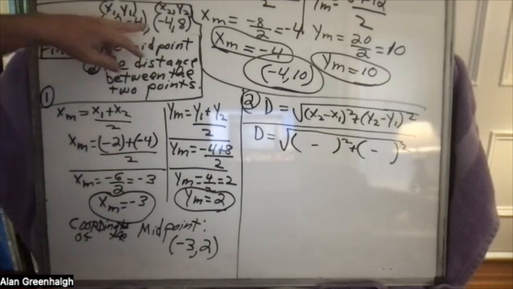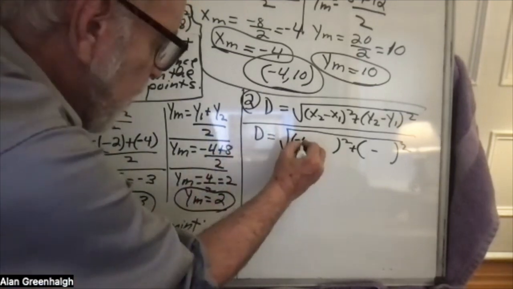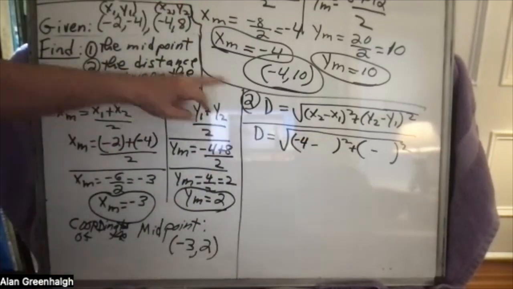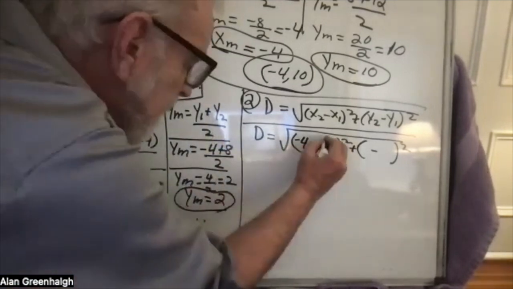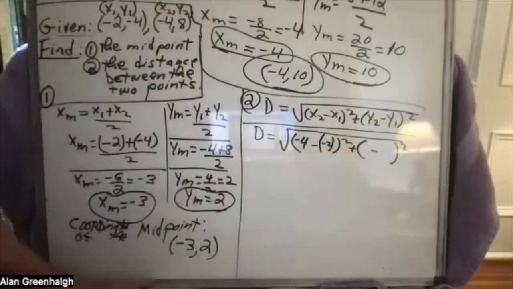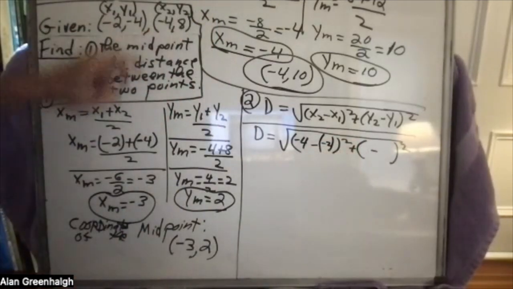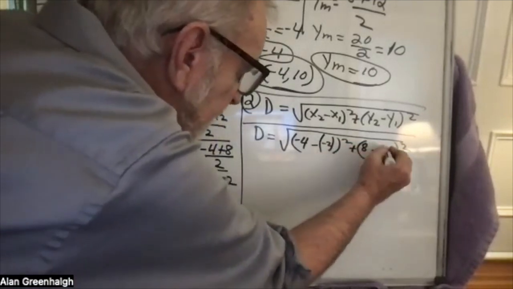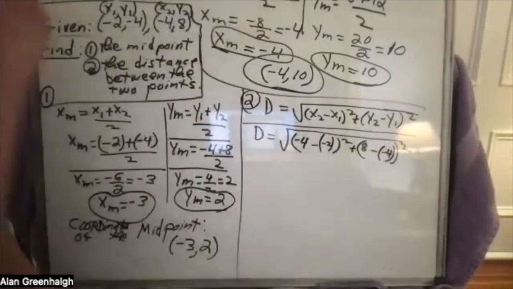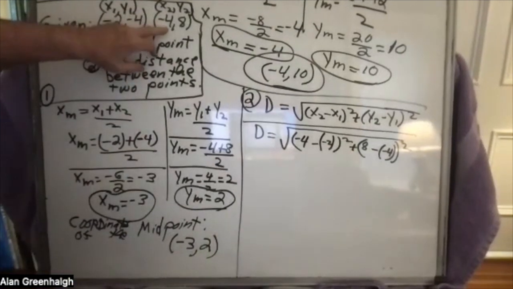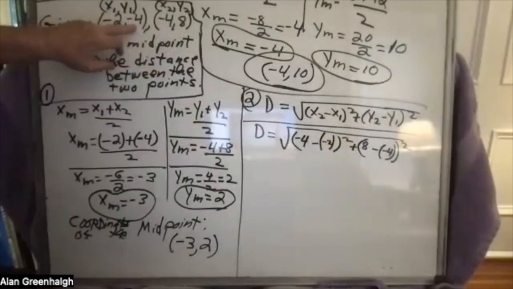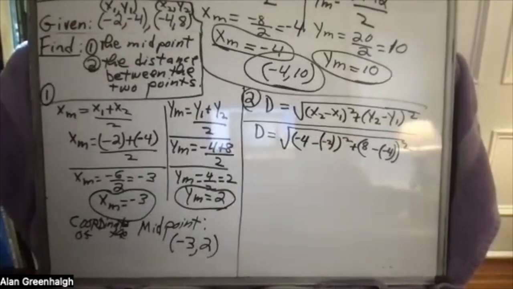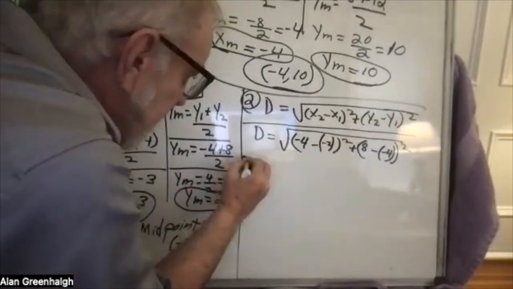Now, let's subtract the x's. -4 minus -2, and 8 minus -4. So let me make sure I have that right. -4, -2, 8 minus -4. Okay. Everybody okay with that? Draw a line.